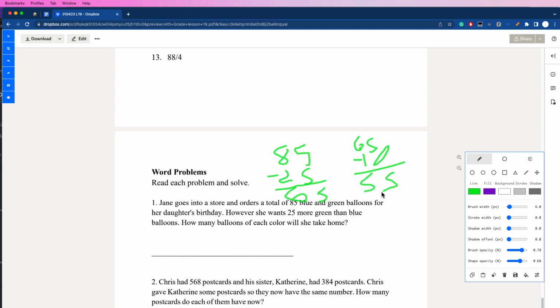So there's the green balloons. And then you take home 30 blue balloons. And 30 is 25 less than 55. So 55 green balloons and 30 blue balloons.